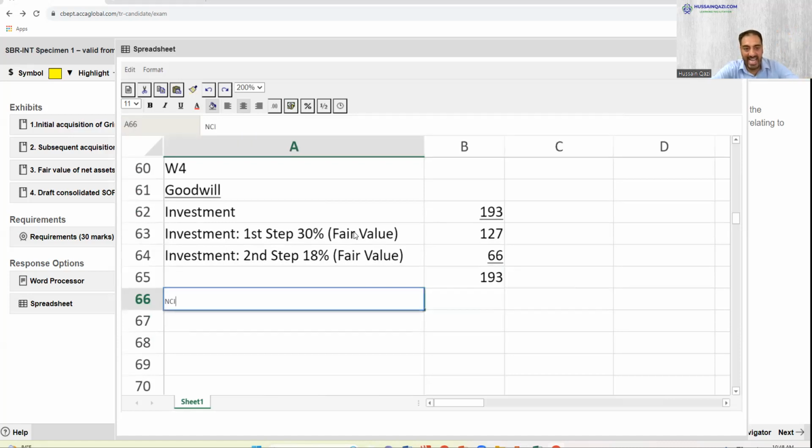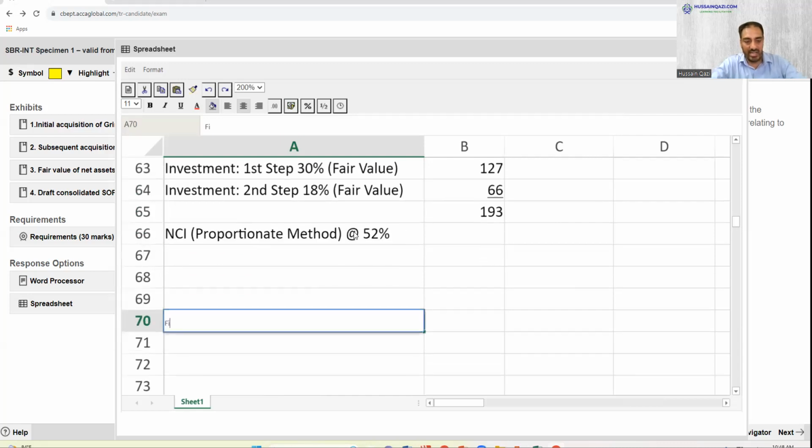Number 2, NCI, proportionate method. So for the NCI proportionate method, whatever the net assets of the subsidiary at the date of acquisition at fair value, you have to apply 52%.